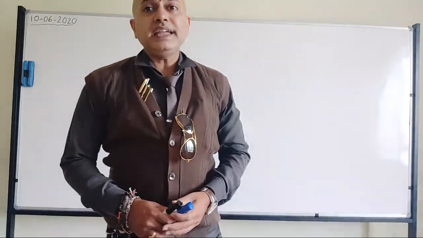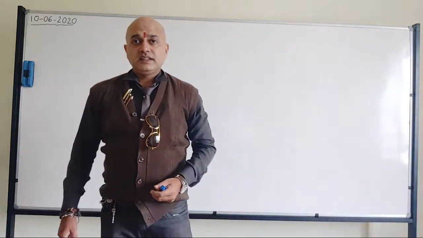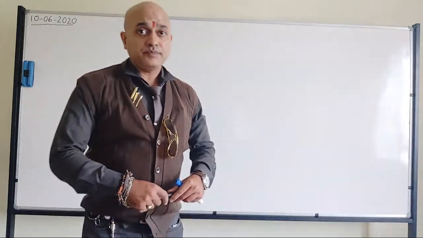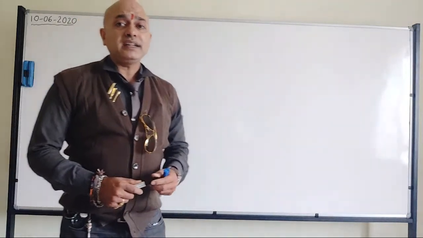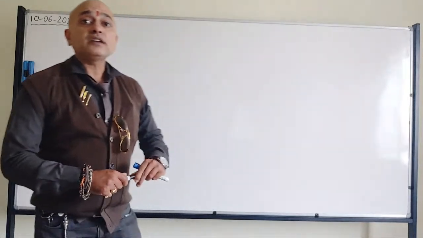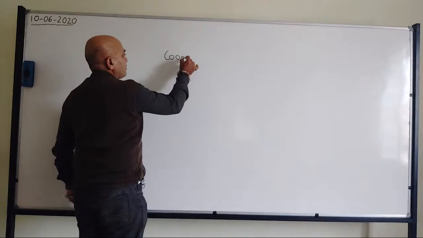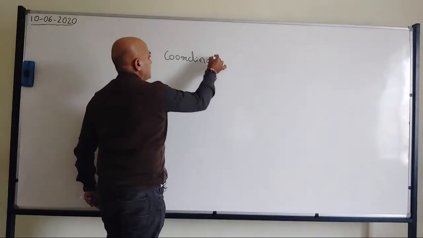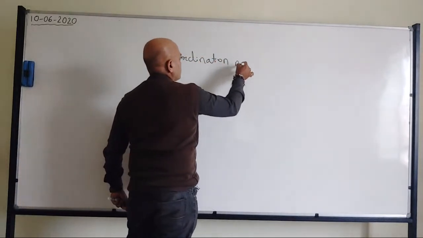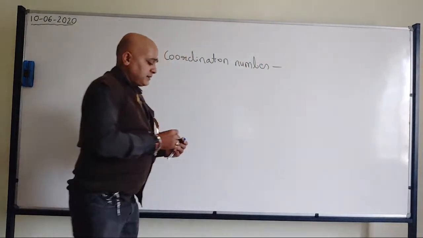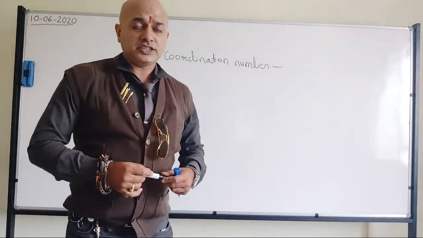Now we will move to the next part. Next is, that is nothing but packing efficiency. But before going for packing efficiency, some of the concepts you should understand. For example, now I will be talking about coordination number. I will be talking about coordination number in a crystal structure.